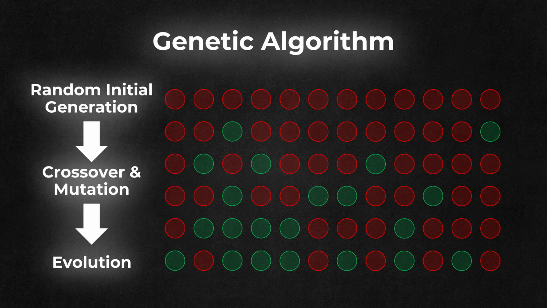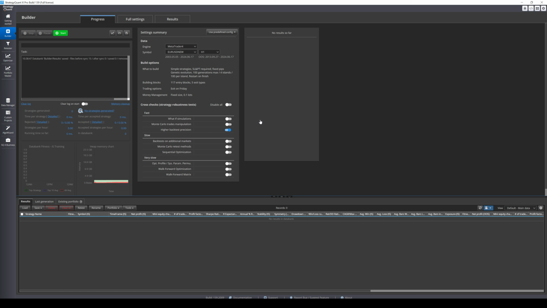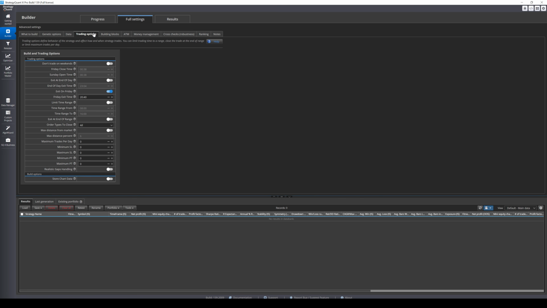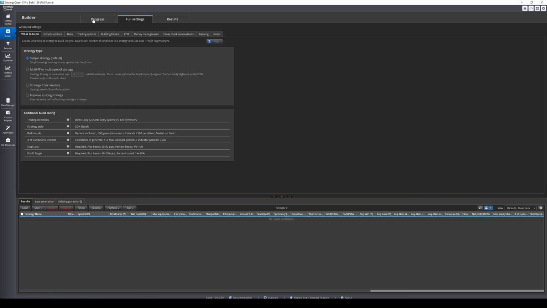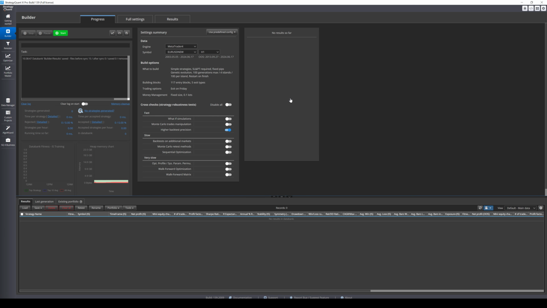So what I'm going to do now is to actually build a trading algorithm for the EUR/USD 1 hour time frame based on roughly 20 years of data. And then I'll make some observations and conclusions about the whole process. This is the user interface of Strategy Quant, and as you can see here, there are a lot of parameters you can change, but of course I'm not going to go into detail about each one in this video. I already selected some parameters previously.